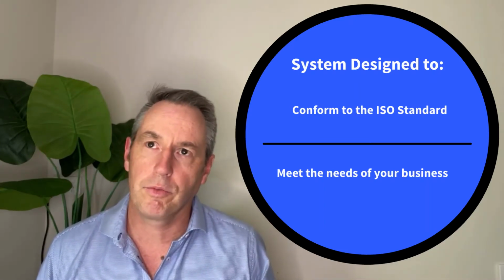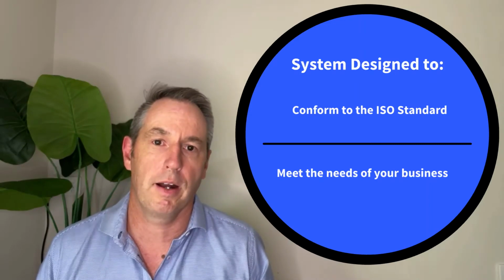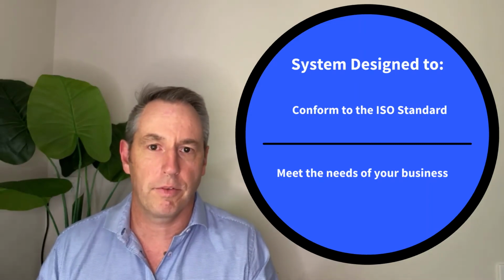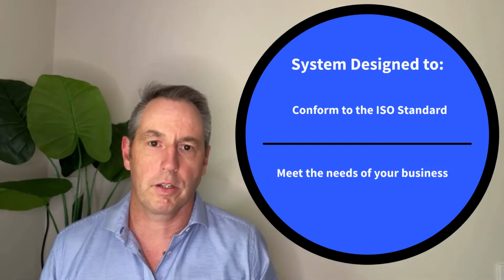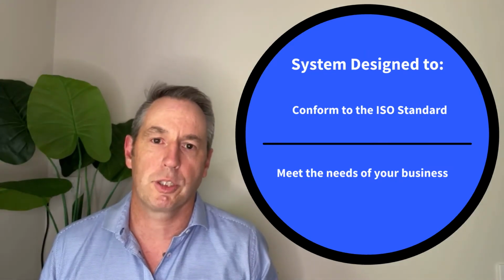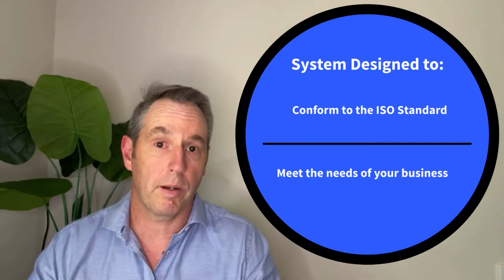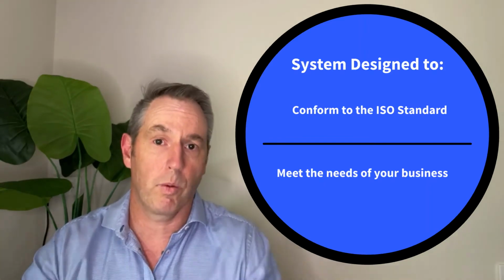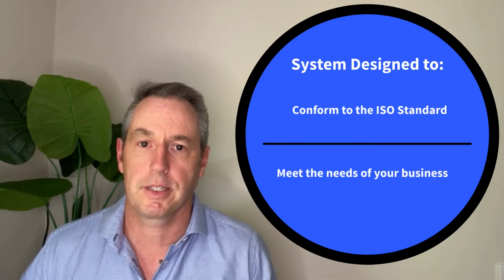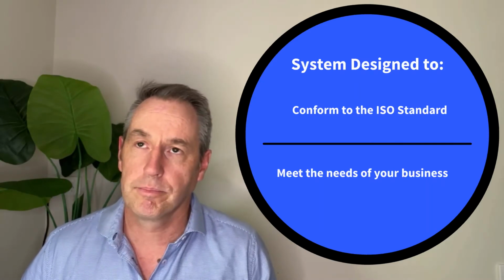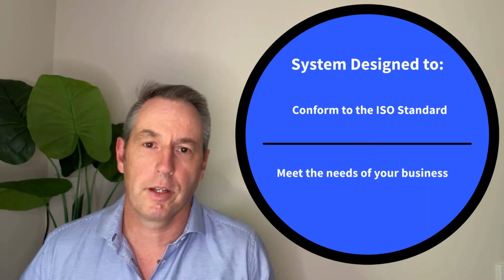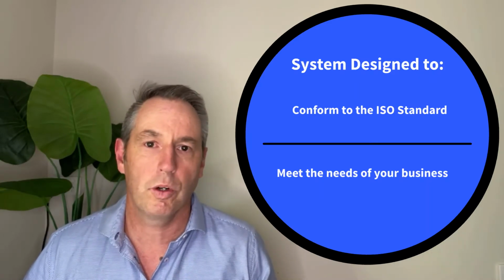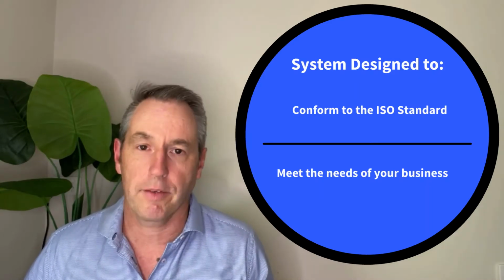And if you reverse what we've been talking about so far, that's not too much of a surprise, because if the focus originally was so tightly around what we have to do to conform, you miss that opportunity to say, what do we want to manage as a business? What value do we want to get out of our management system? To consider all of those other elements over and above just conforming is not extra work, but you'll get more value out of it.